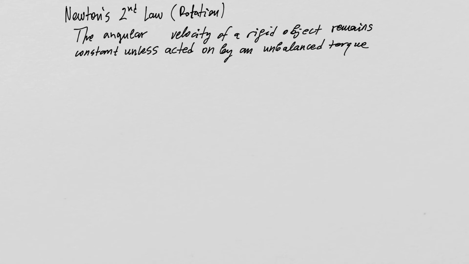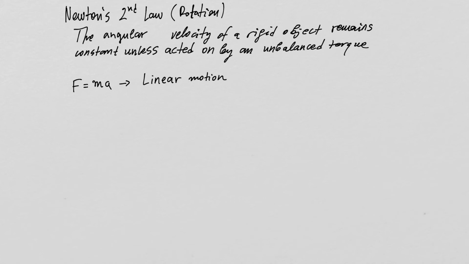Now I can also state the second law slightly differently. We know that Newton's second law was the link between force, mass, and acceleration, and this statement of the law applies for linear motion.